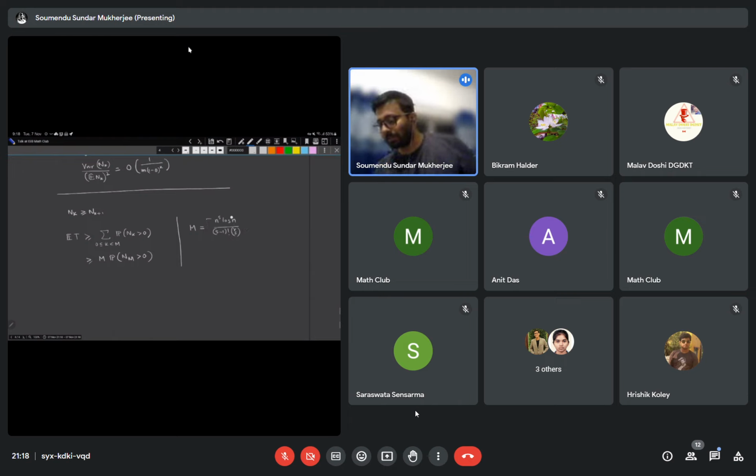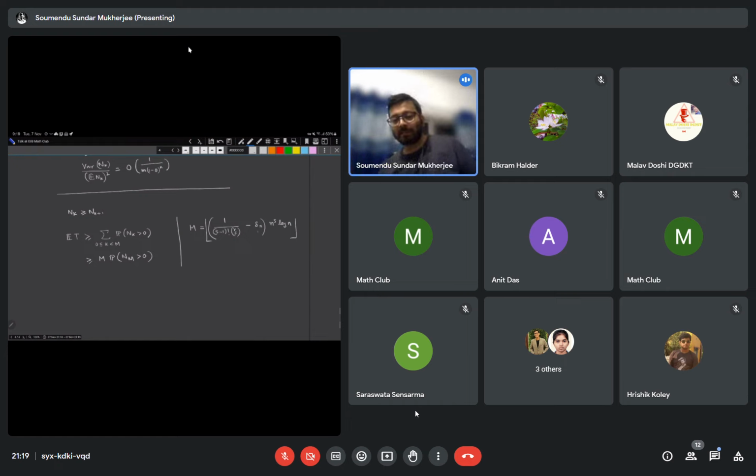So what we'll do is take something which is slightly smaller, something like this. Where delta n, if delta n was 0, I have the previous choice that I used in the upper bound.